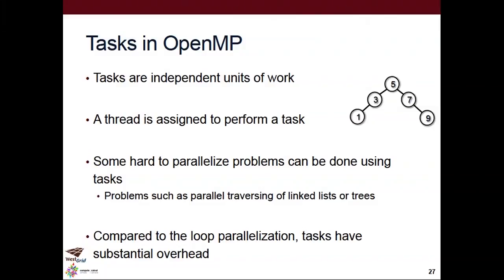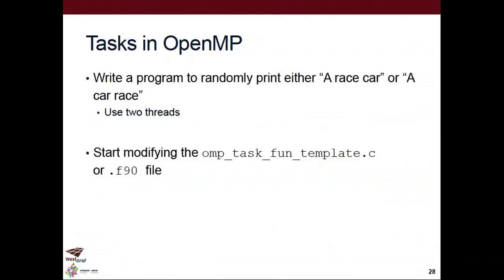There's one example in your folder. It's a C code, not Fortran. I didn't know how, or even if it's possible, to write a linked list in Fortran, so I wrote just one example in C, which is a linked list, and it gives each link to different tasks to traverse that linked list. If you want to play with that, go to the same folder. It's called OMP_task2. It has that linked list version.